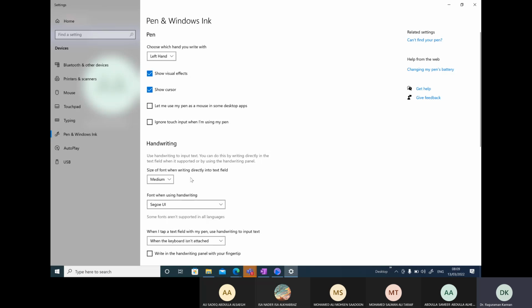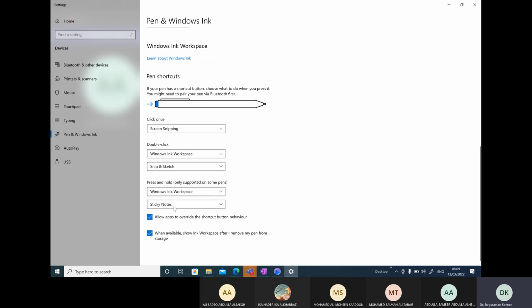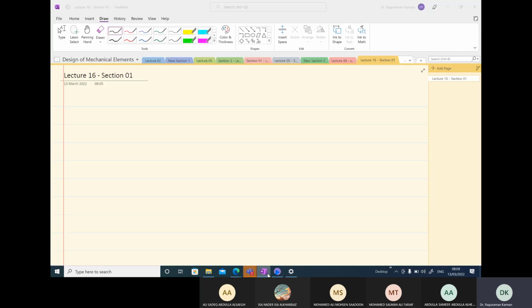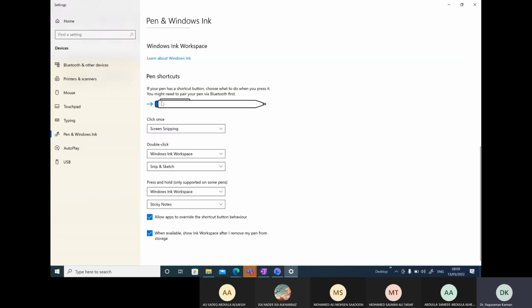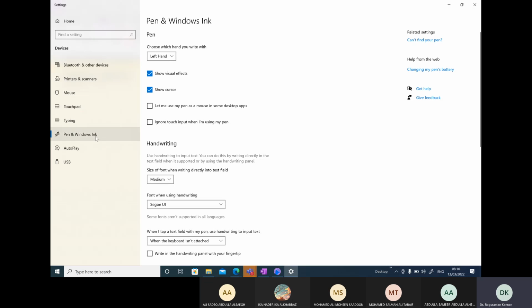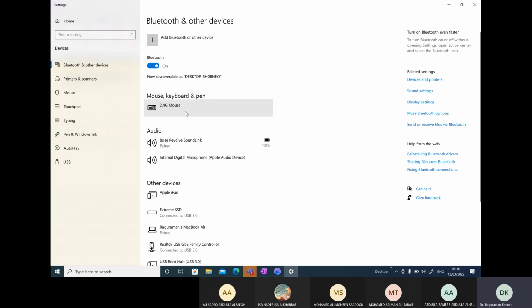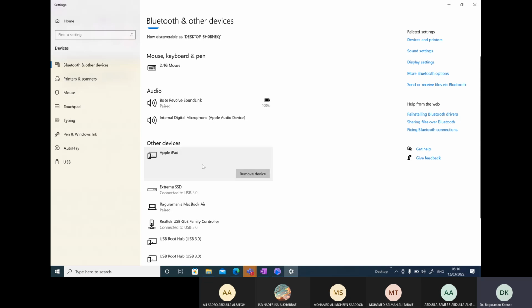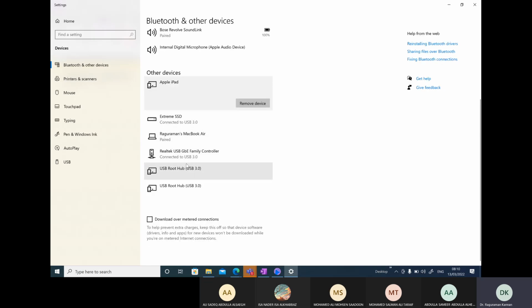What is the problem over here? Bluetooth and other devices, yeah, this is the one. Apple iPad, USB.